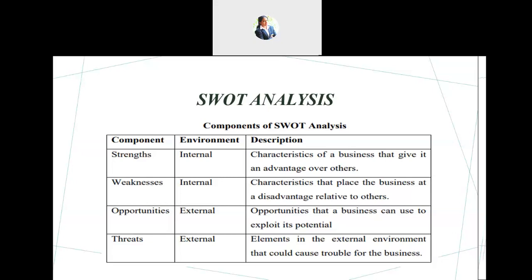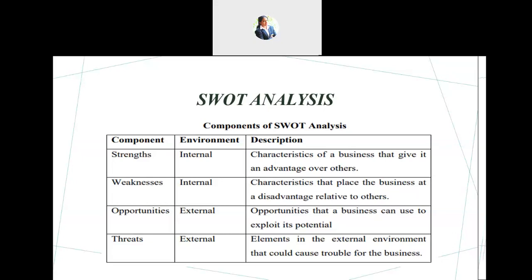An example can be that the business might be over dependent on one single supplier. It might have a limited product line. It might also be facing a lack of funds, and all this can be regarded as limitations of a business organization.